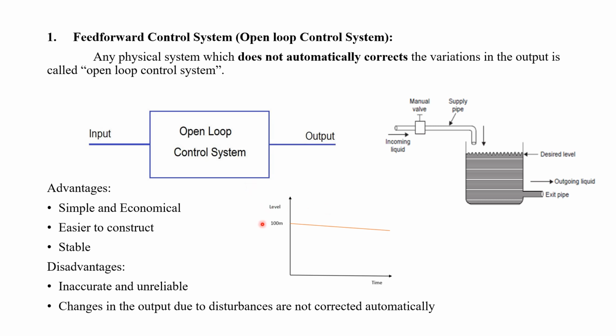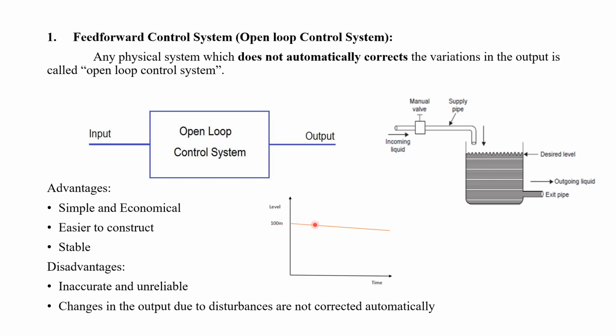If you see the time response of the open loop system in this diagram, this is the response for this level control system. On the y-axis we are considering the tank level, and the x-axis represents the time. Initially we are maintaining the tank level at 100 meter, so it will be 100 meter at time t equal to 0.